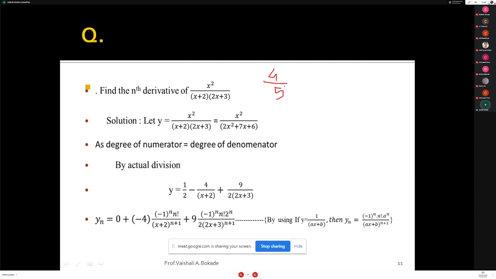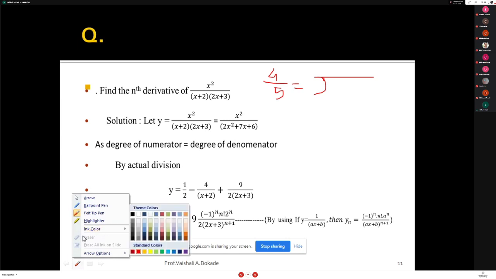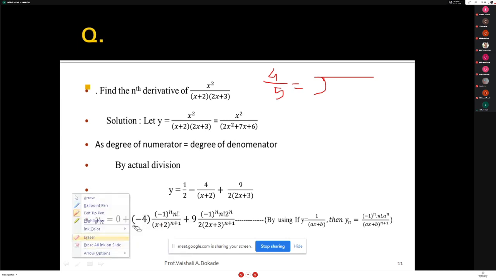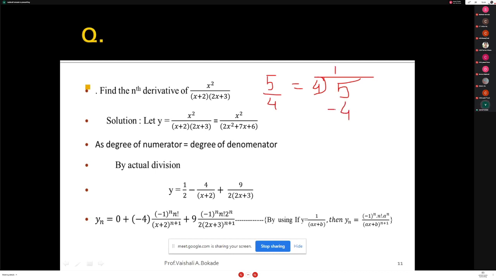Whenever I have to go for 5 by 4, I am dividing 5, which is the dividend, by the divisor 4. 4 ones are 4, I write 4 and I get the remainder as 1. All of us did these things in school.